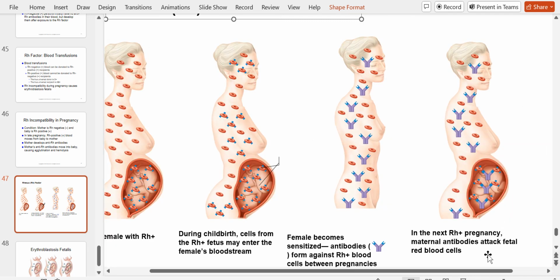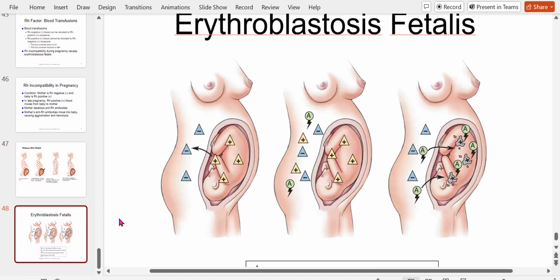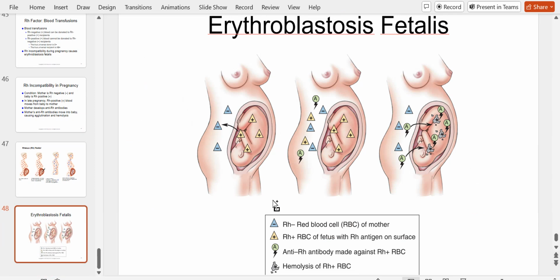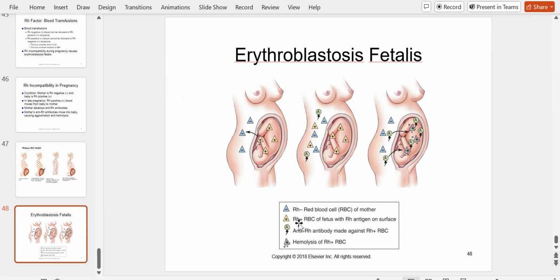Next pregnancy, that's where the trouble is. Mama's body will attack baby. Very, very troublesome. And just another shot of the same thing, erythroblastosis fetalis, showing you what's going on here. That's the end of this video.